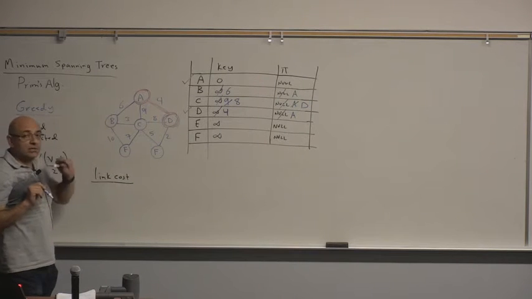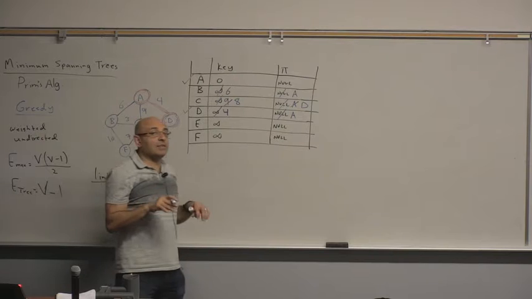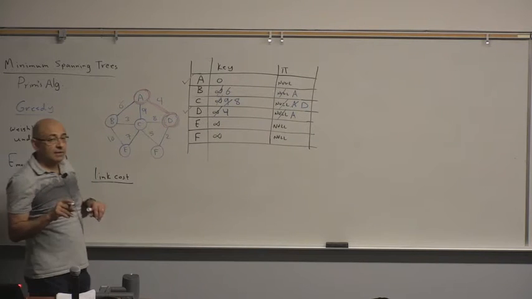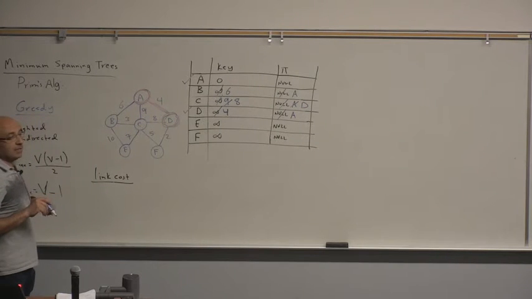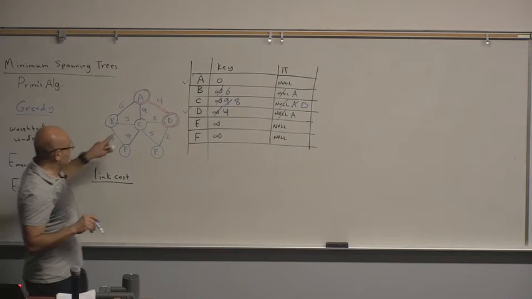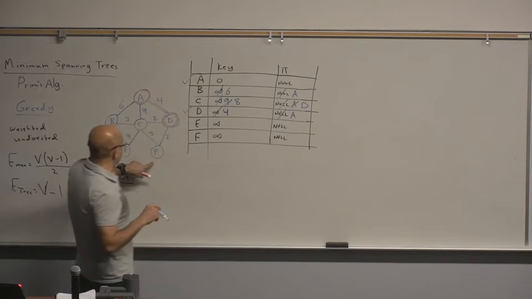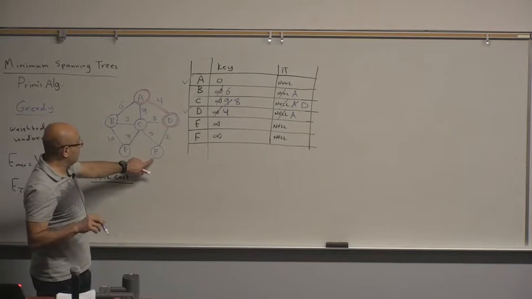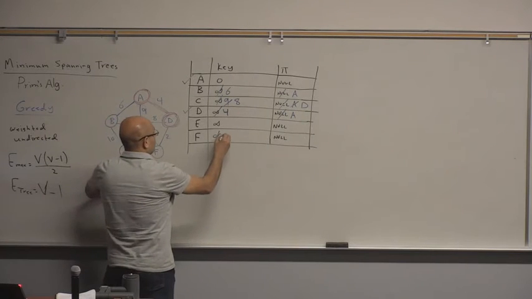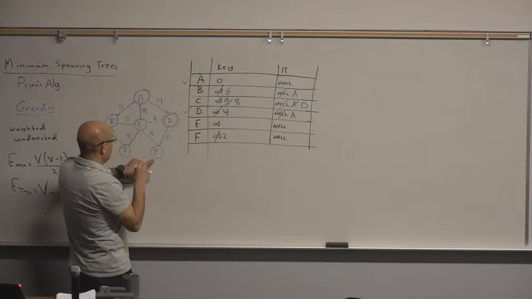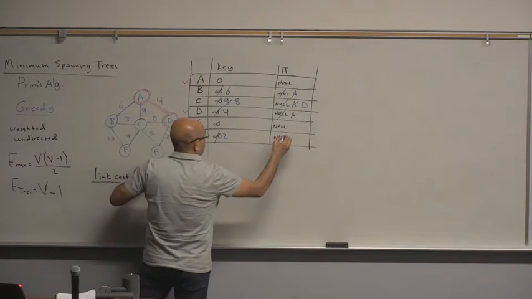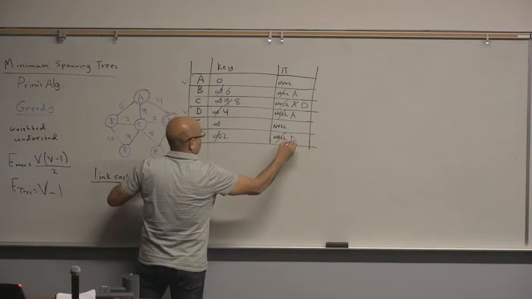So I only consider the neighbors that have not been connected yet. There is no point in considering the neighbors that have been connected. Then I look at F. Now I have just discovered a way of connecting F with a cost of 2. And F's parent is D.